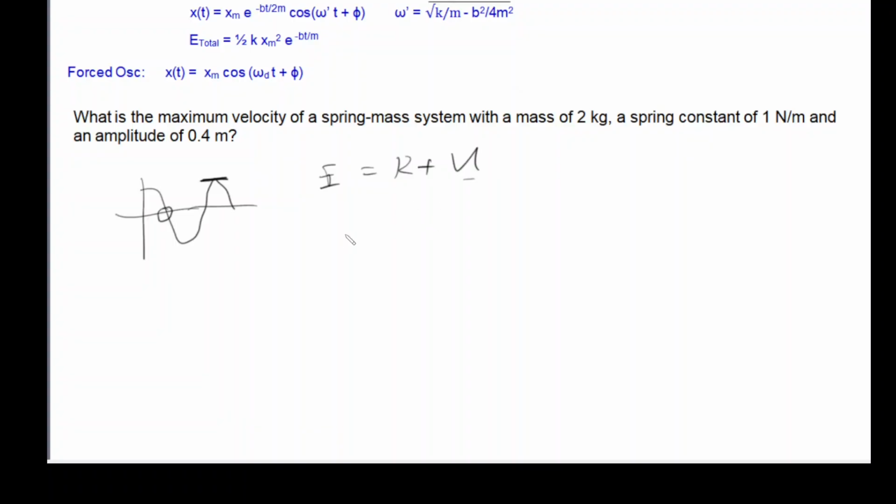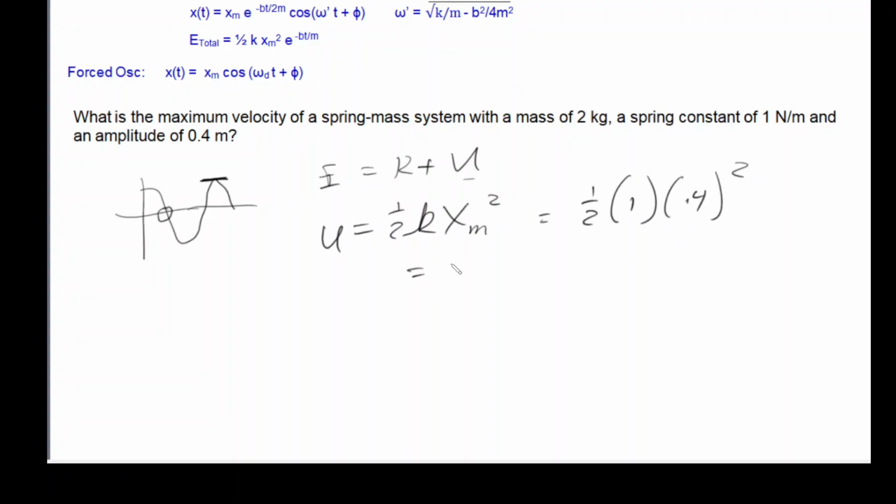So if we go with potential energy, in this case, potential energy is equal to U equals 1/2 K x max squared, which in this case is equal to 1/2 K, which is given as 1, times x max squared, which is our amplitude of 0.4 squared.